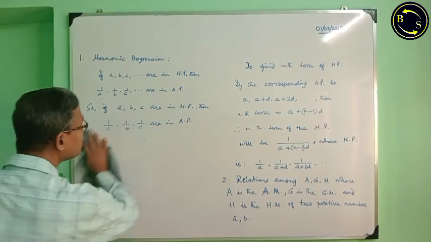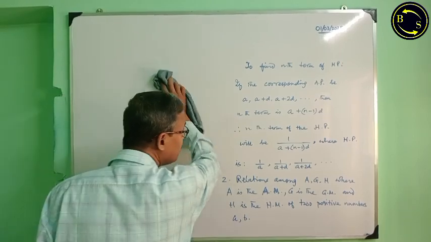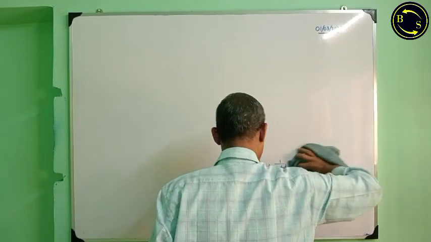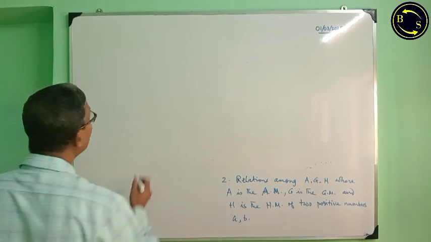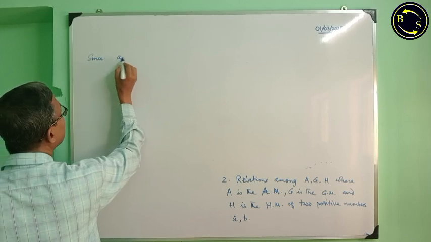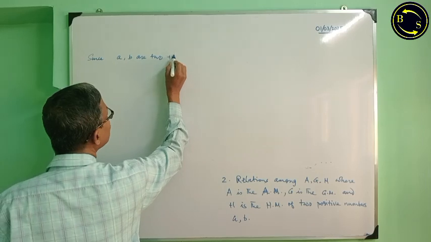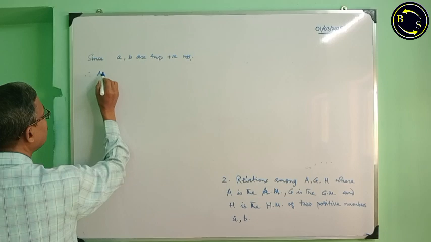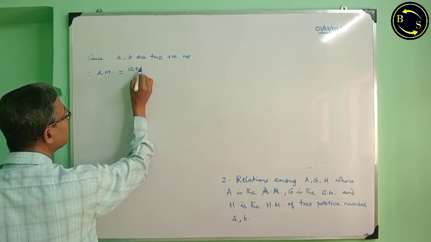Though I have discussed already the relation between arithmetic mean and geometric mean, I am repeating that. Since A, B are two positive numbers, therefore AM is equal to the average, A plus B by 2.